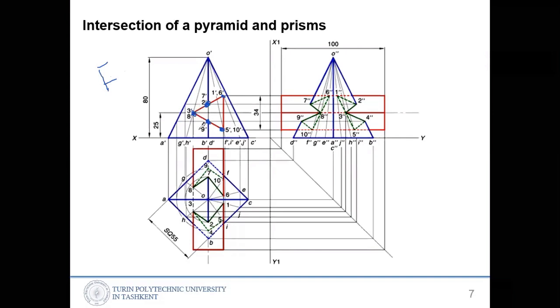As I told you, in this kind of example, you can use the line method. So create a line, make a red line like this, from the tip and passing through point 3 and 8. Why two points? I will tell you later. So, third point, second point, first point, fourth point, and fifth point.